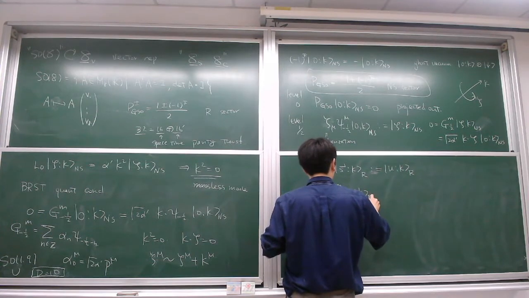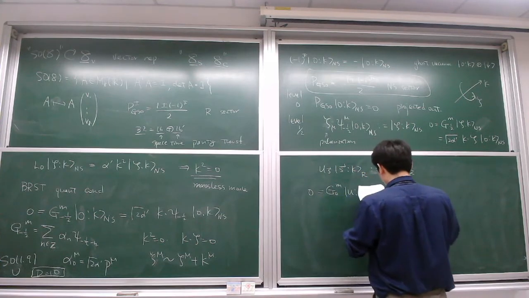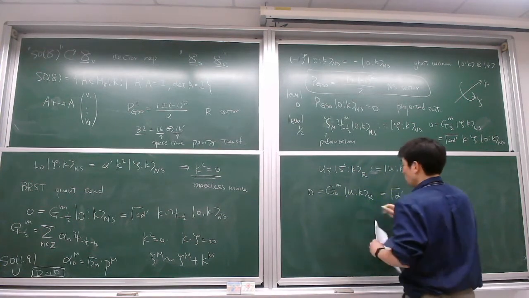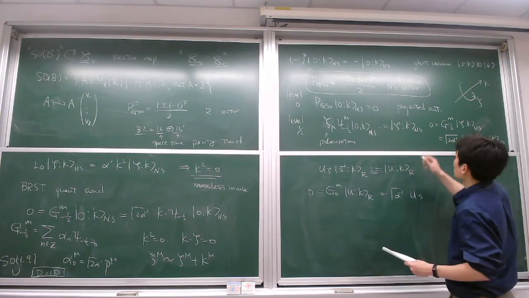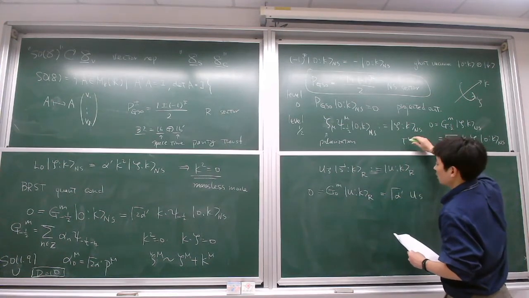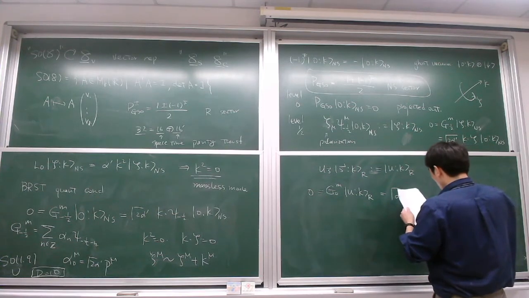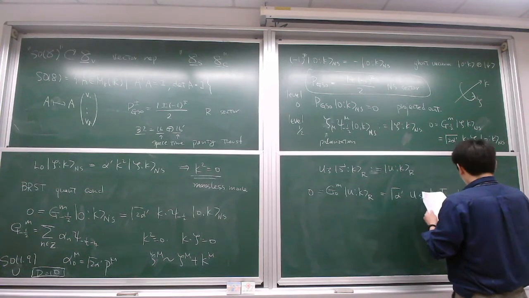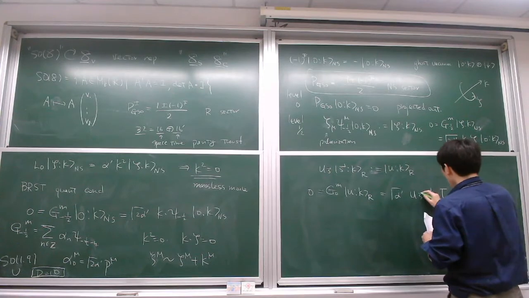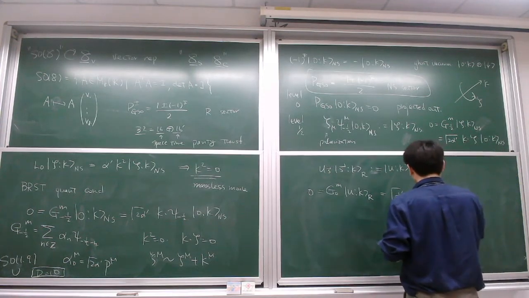And you just use the commutation relation between psi and gamma, and then what you get is k dot gamma acting on the spinor.